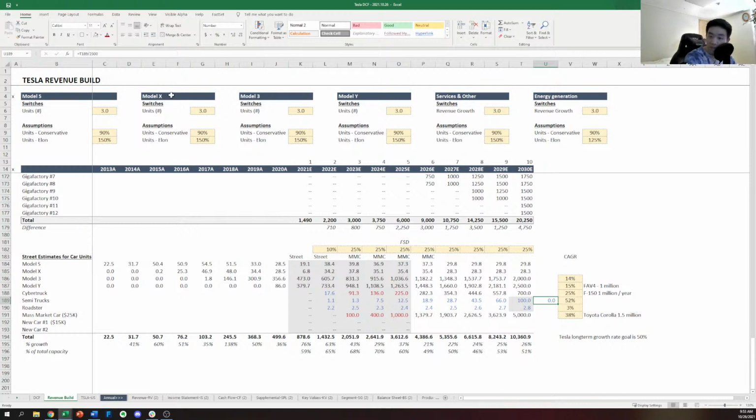I mean, interesting. I made a video about financial models in Excel used as an investment banker. This is the main one, but the other ones are just LBOs, I guess. For Model 3, originally produced in July 2017, Musk aimed for 5,000 per week by December 2017, only to produce 202 per week.